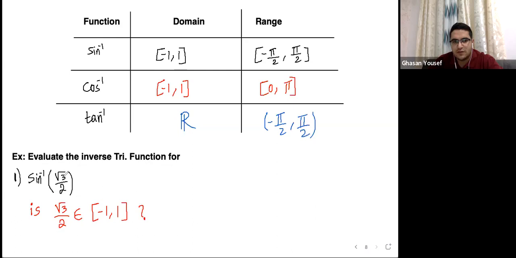You should know the square root of 3/2 is close to 1/2. Is 1/2 in the interval from -1 to 1?